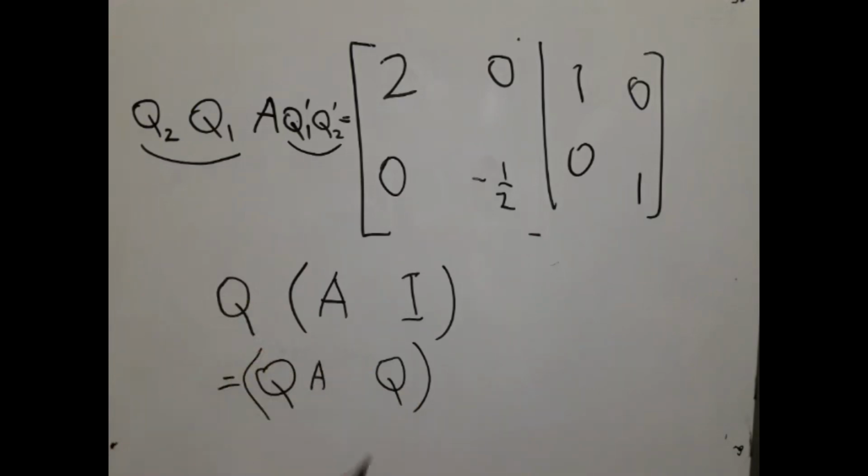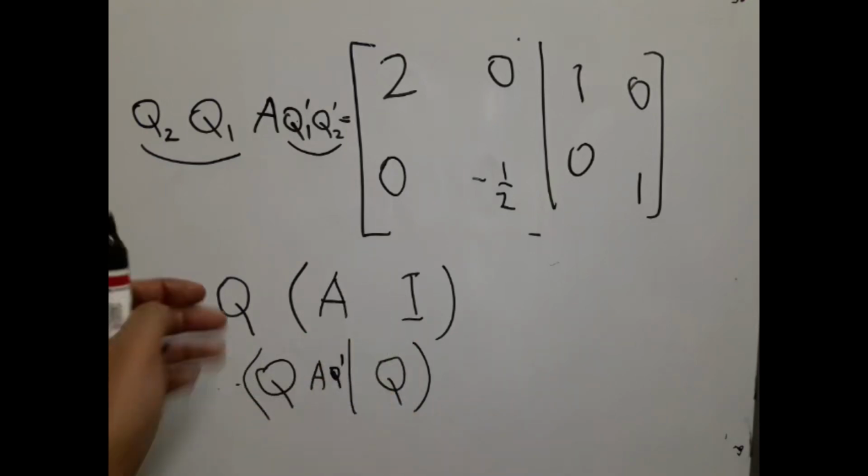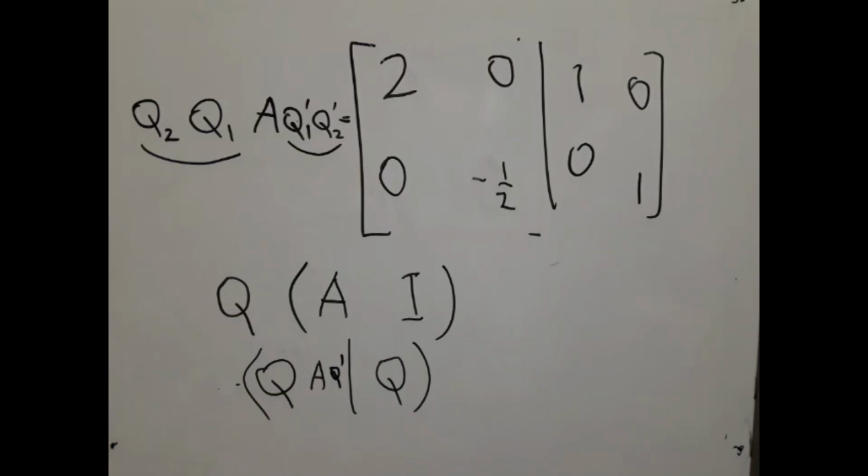Then simply remember that whatever you do with the post-multiplication, you remain confined within this part. So eventually it will become QAQ transpose on this side, and this side will show only the effect of the row transformation. So you can very easily read off your Q also from this operation.